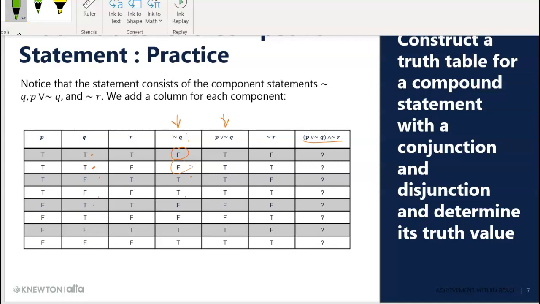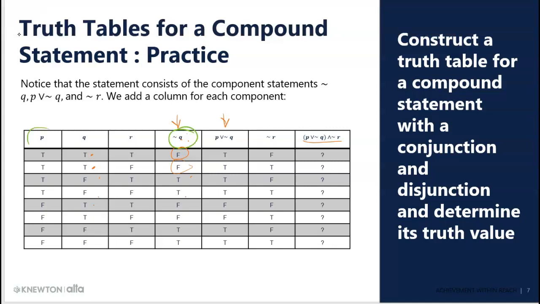For P or not Q, I'm going to look at these 2 columns in green, and I'm going to look a row at a time. In row 1, I have a false, I have a true. The order doesn't matter in an or statement, so I just look: I have a false, true, and or only needs 1 true to be true. Second row, there's a true there, so that's true. Third row, and the other thing I notice, I have a P here. The first 4 rows of P are all true, so it doesn't even matter what not Q is.